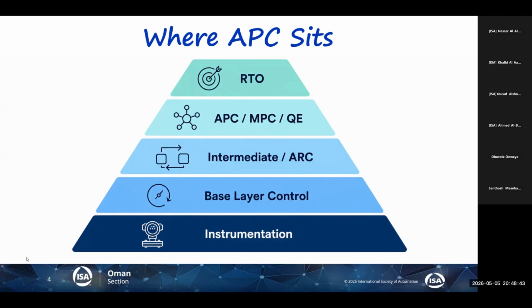And then you go one layer up, intermediate control. So you have the cascade loops, override control, and advanced regulatory control, where you have already multiple inputs, but one single output. This is still not advanced process control because you have one single output.